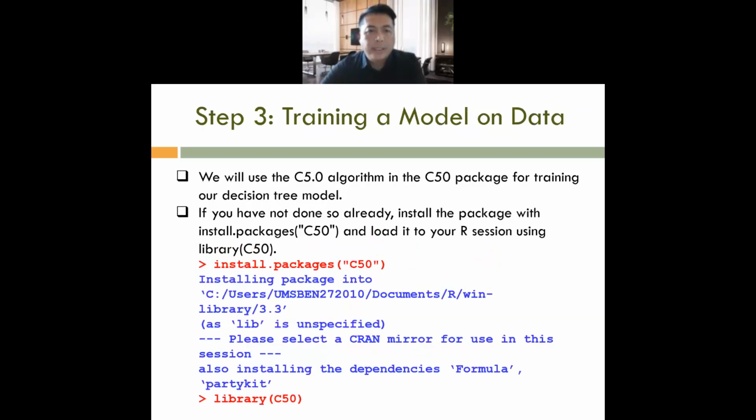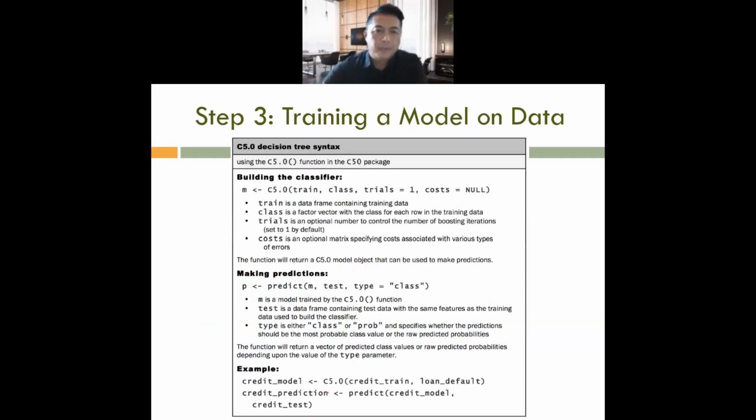Okay, now how do we apply the decision tree? The latest and most commonly used one is called C5.0. We can use this by installing the package C50 and then loading it into memory. So how do we use it? We just call C5.0.